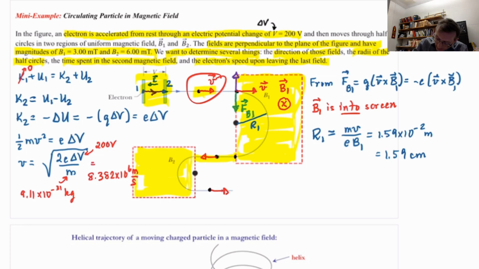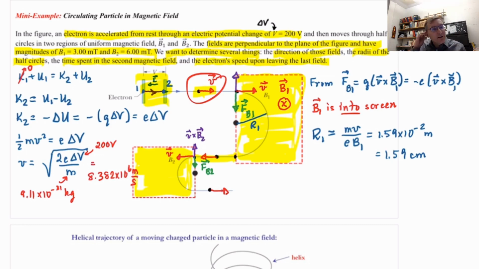So now let's put the electron right there at the beginning of that half circle, at which point its velocity, v, is that way, but it's going to come around and downward, so the F magnetic, I'll label FB2, at the beginning here, is downward. And again, it's an electron, so if that's the direction of FB2, that's got to be the direction of V cross B2, right? Negative charge, the force is opposite to the direction of V cross B.